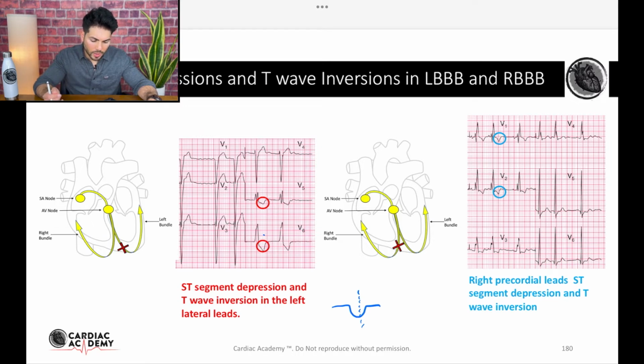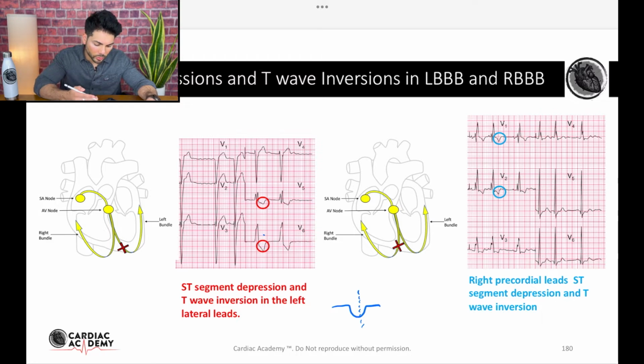So you see how these T-wave inversions, like we said on previous videos, are asymmetric, okay? Remember that when we talk about T-wave inversions in the setting of ischemia, it's gonna be symmetric. So if you do a mirror image, it's gonna look the same on the right side and on the left side.